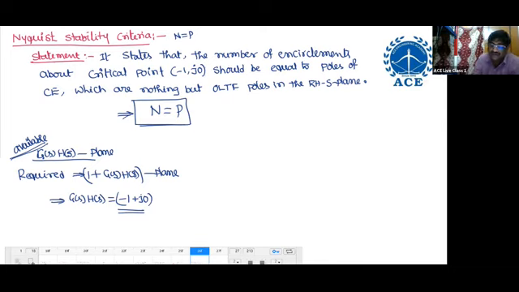Same thing I told. Z is the zeros of the characteristic equation in the right of the S plane, which are called closed loop poles in the right of the S plane. Poles of the characteristic equation are open loop, correct.